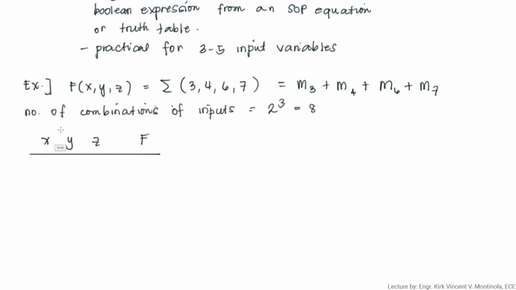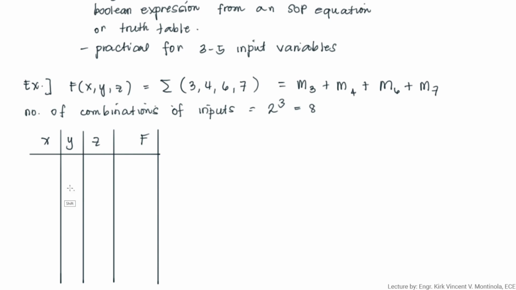Okay, so let's construct a truth table for this one. Now, if we are writing all the possible combinations of inputs, we proceed with the outermost input, which is z. We'll be writing the ones and zeros alternately, and make sure you have only eight zeros and ones in total here.